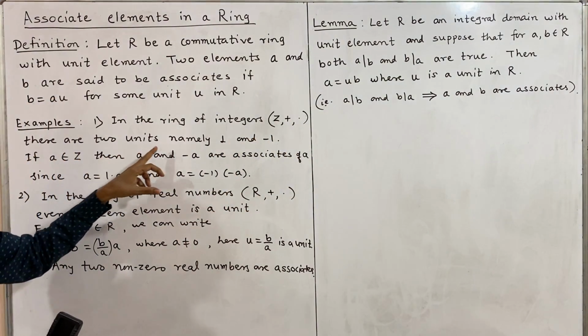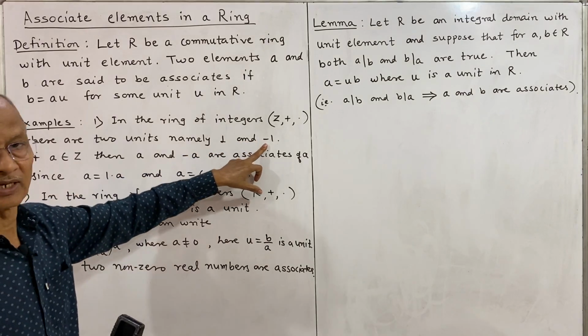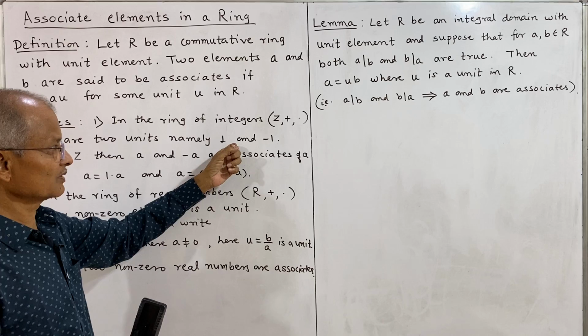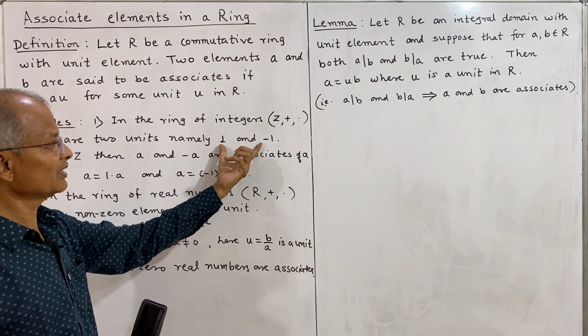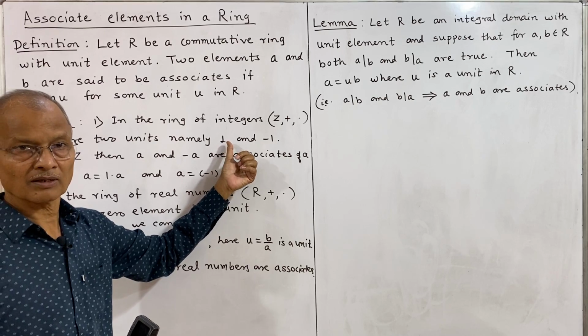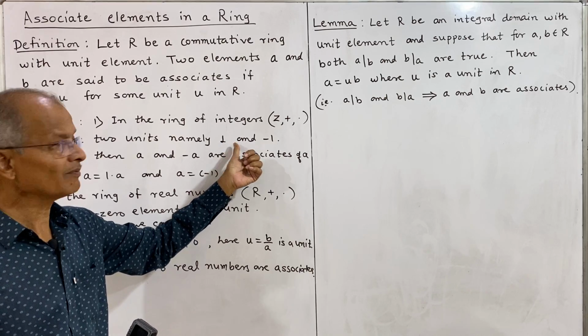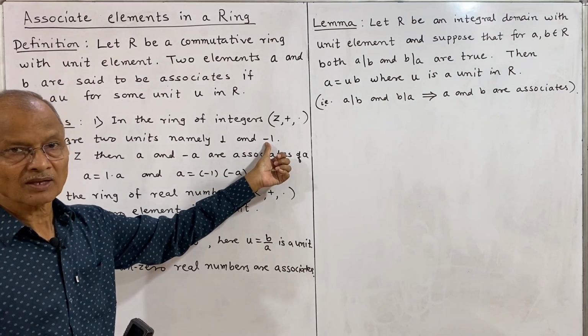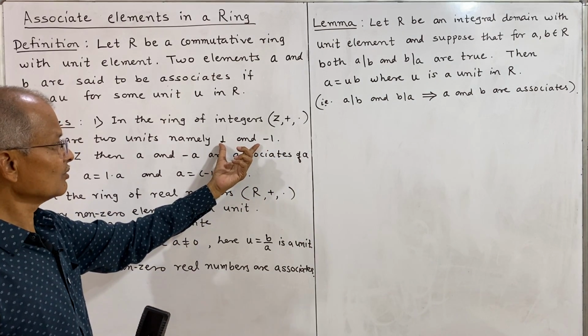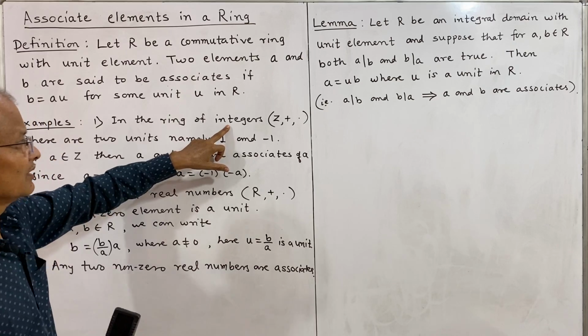There are two units, that is 1 and minus 1. These are the only two units in the ring of integers, because these are the elements which have multiplicative inverses. The inverse of 1 is 1 itself and the inverse of minus 1 is minus 1, and therefore these elements are units in the ring of integers.